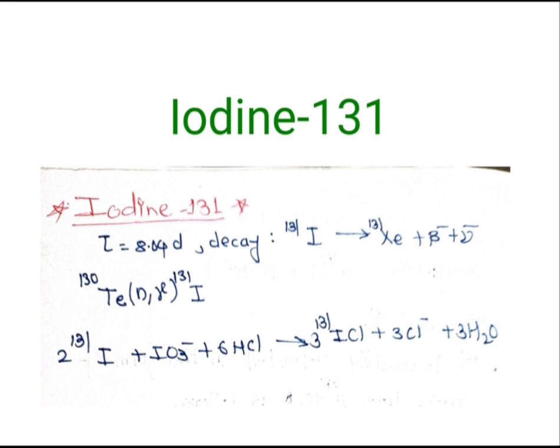The reaction is: 2 I-131 plus IO3 minus plus 6 HCl gives 3 ICl, where iodine is 131, plus 3 Cl minus plus 3 water molecules. The carbon tetrachloride extract of the iodine 131 is a convenient labeled iodinating agent.